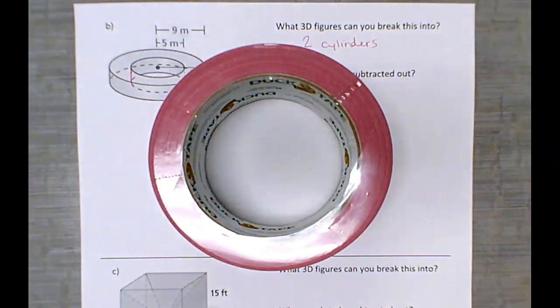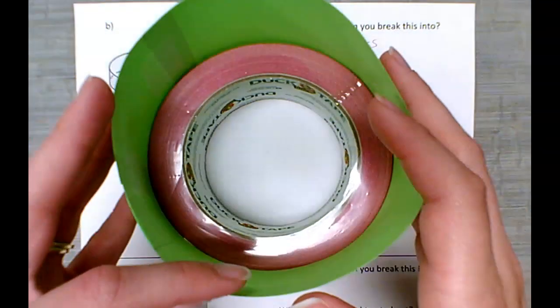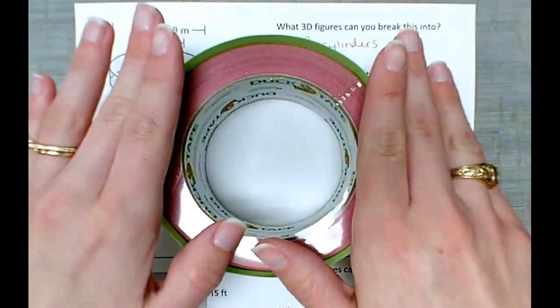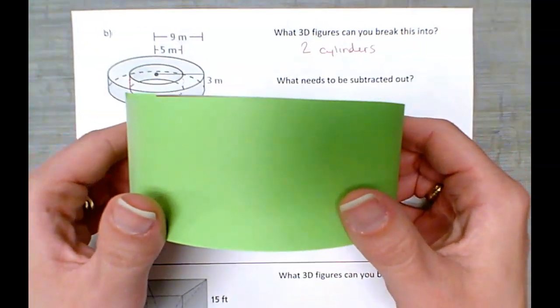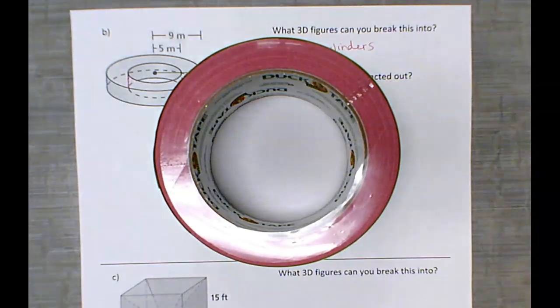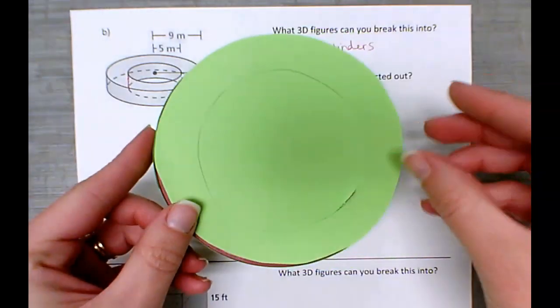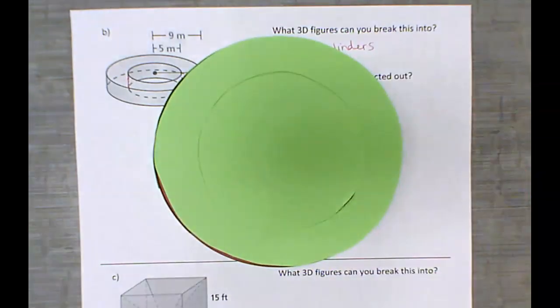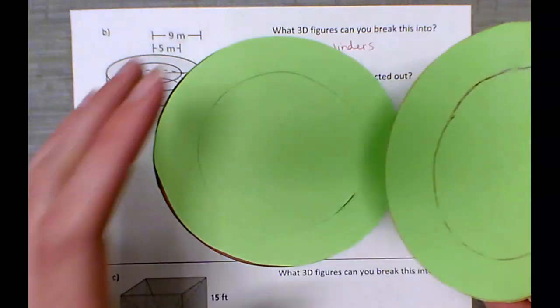So if I cover this on the outside, I need, for my bigger cylinder, lateral area, right? Lateral area. I also need a base on the top and another base on the bottom.